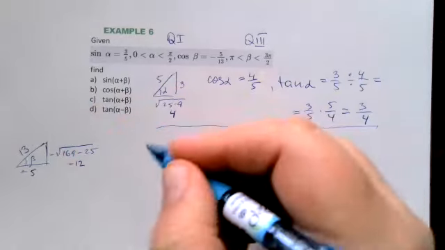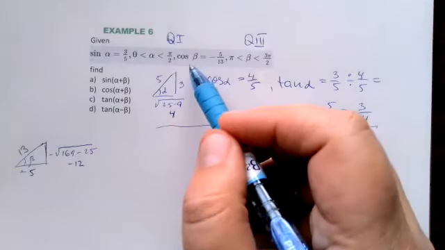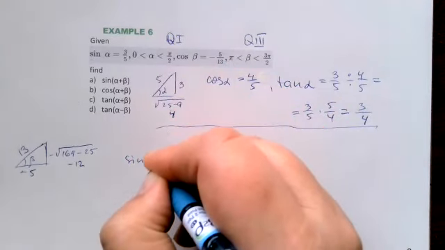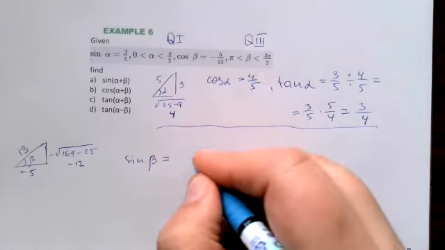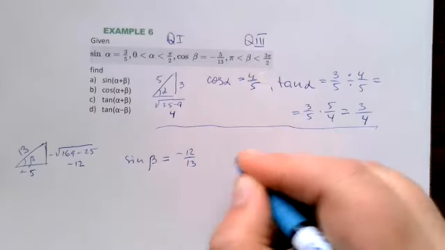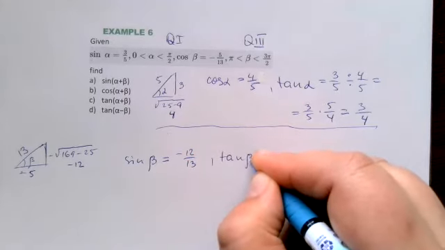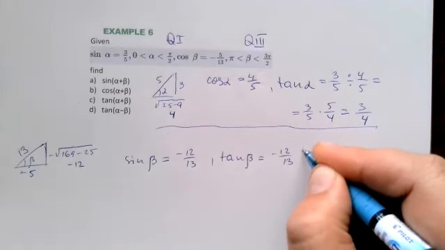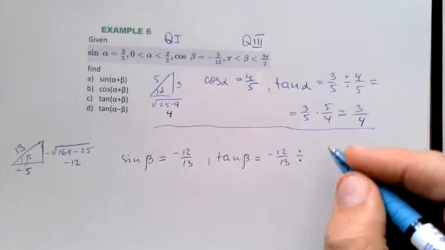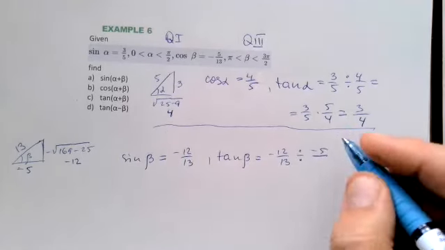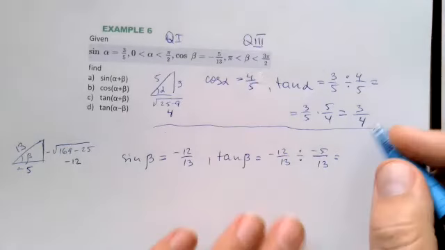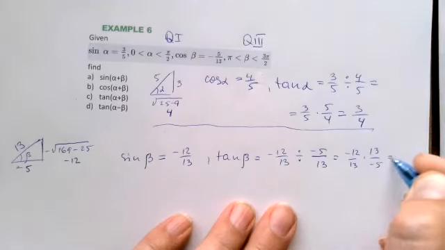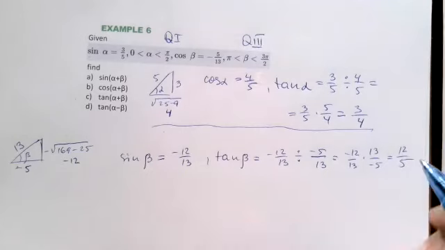So that means that the cosine beta is -5/13, sine beta is going to be -12/13, and tangent beta is going to be sine, -12/13, divided by cosine, which is -5/13. So that gives us positive 12/5.